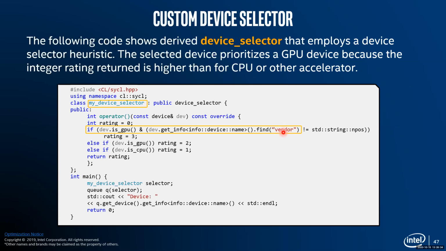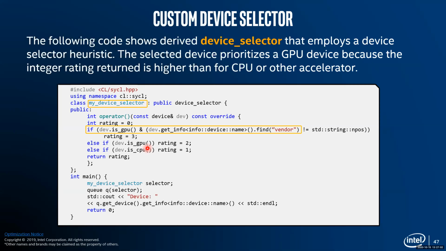So let's say you want to find an Intel Gen 9 GPU, Intel GPU, right? The logic we give is, if the device is a GPU, and we get the name of the device as specific to a vendor, any vendor like Intel, you find the device, you give it the highest rating. And if you don't find a device from that particular vendor, then give the rating to any other GPU that you find.